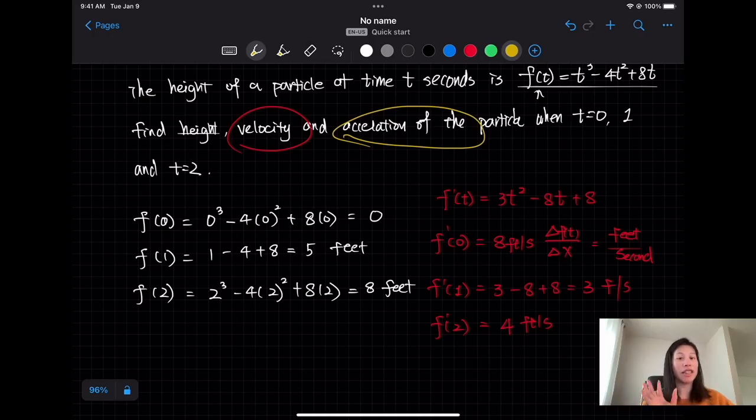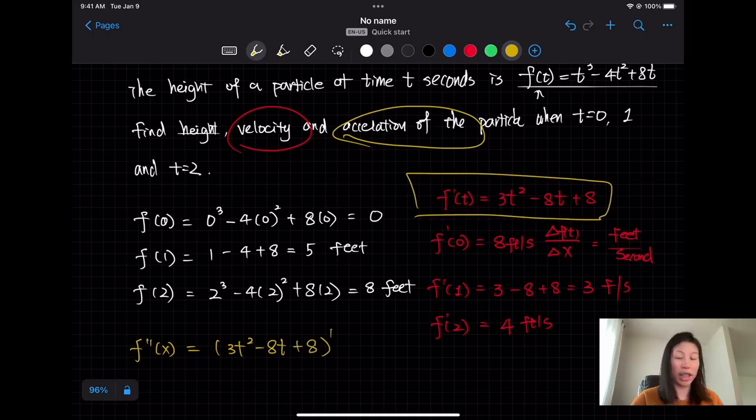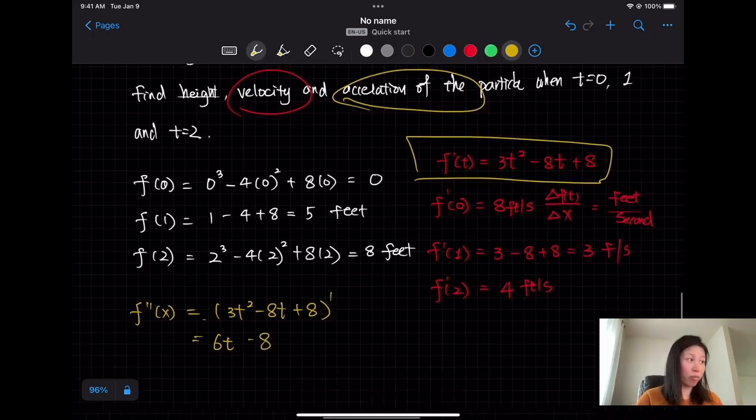So to find the second derivative, we need to take another derivative of the first derivative. So I have 6t minus 8. This is our second derivative, so this is also our acceleration.